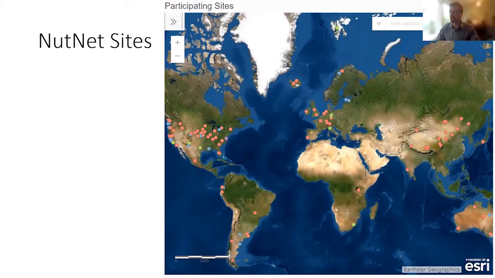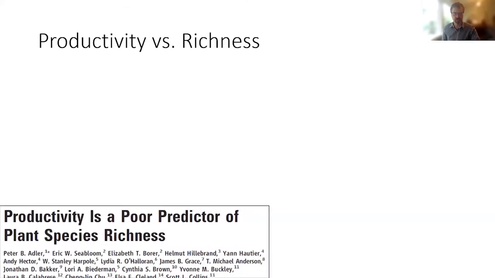Many people think about grasslands as relatively simple systems. They're hugely important around the globe. They're about 1/3 of the global land mass. And there's a lot of variety within grasslands themselves.